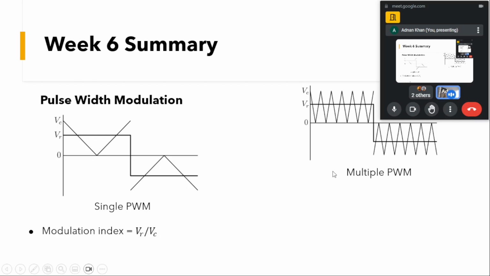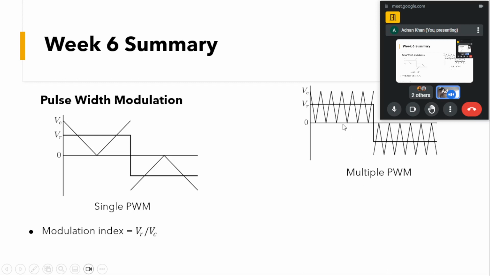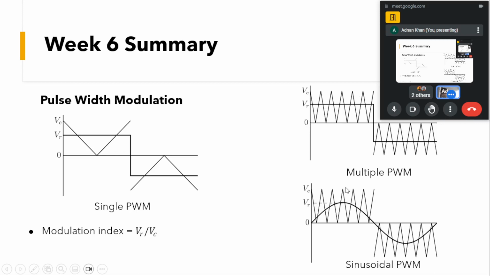Now we have another modulation technique, which is sine PWM. We discussed in some previous lectures, lecture 5 I think or 4, that because of multiple pulses, we were able to have a voltage waveform closer to the sinusoid.